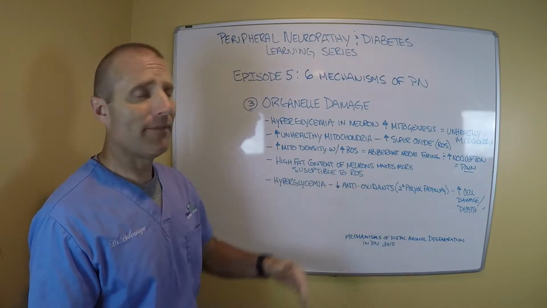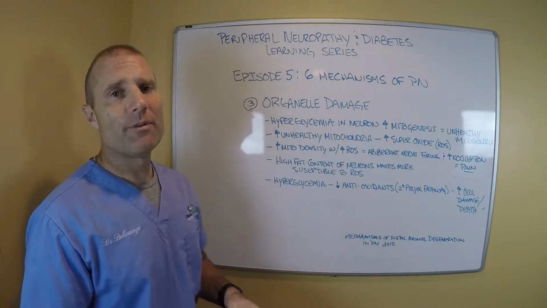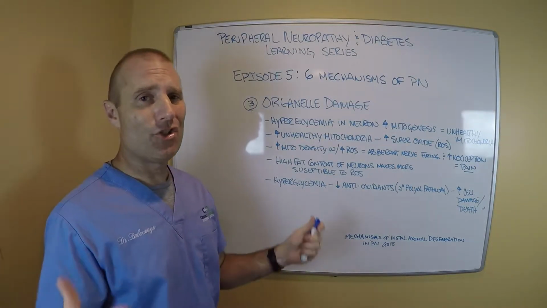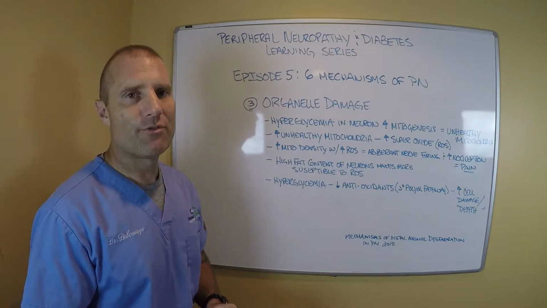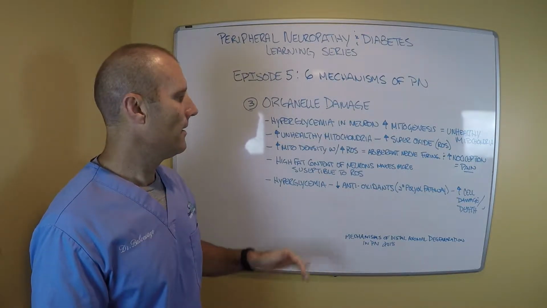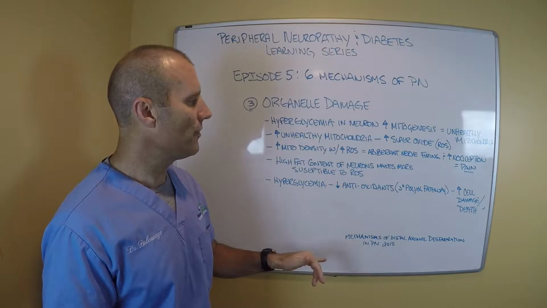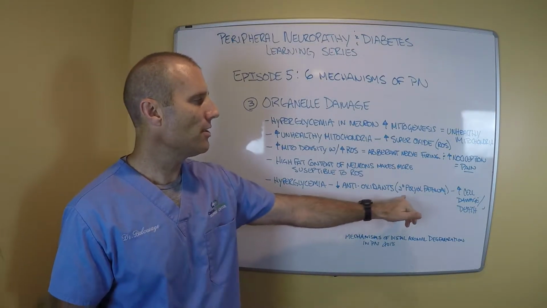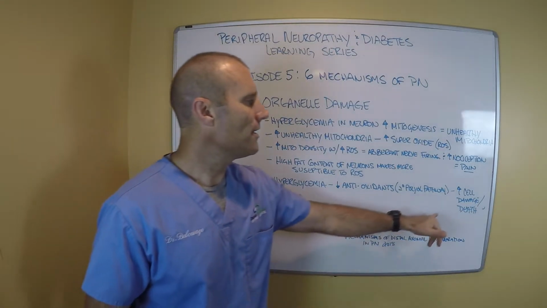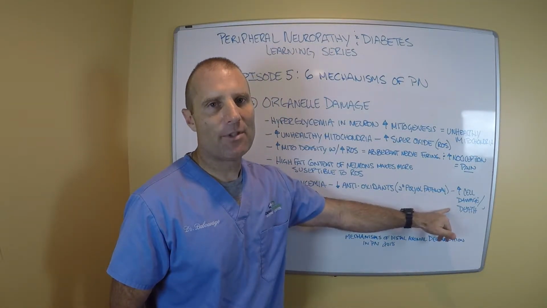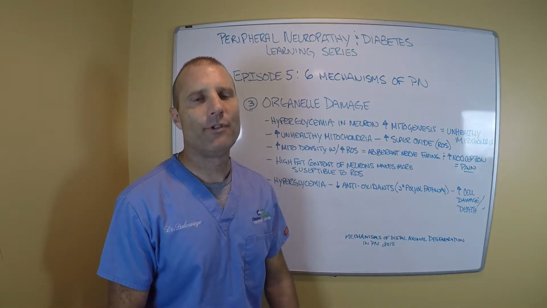And as reactive oxygen species go up, there's something called glutathione that gets consumed excessively as well in the process to try and quench this reactive oxygen species. The combination of the increased reactive oxygen species, the upregulation of the polyol pathway, the depletion of our antioxidants causes increased cell damage and death, something we call neuropathy.